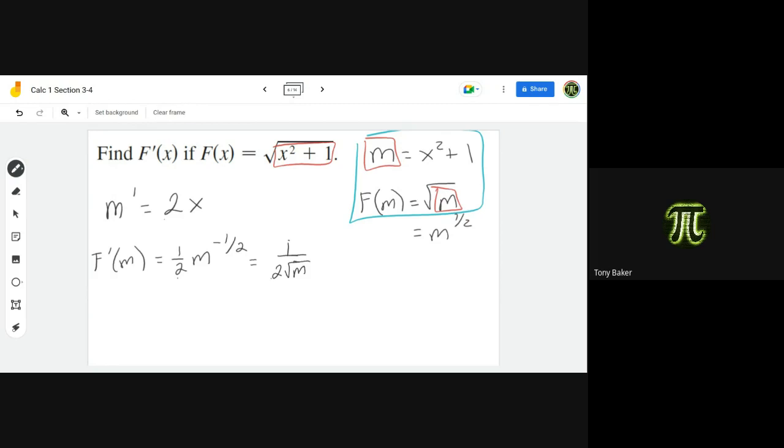Because I wanted f prime of x. So, f prime of x is 2x, because that's the inside piece, times 1 over 2 square root of x squared plus 1. I replaced back the m, so now it's all in terms of x.